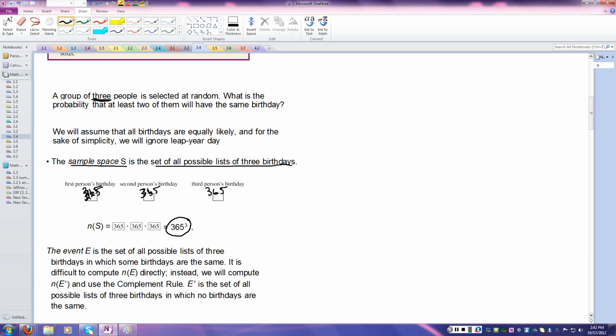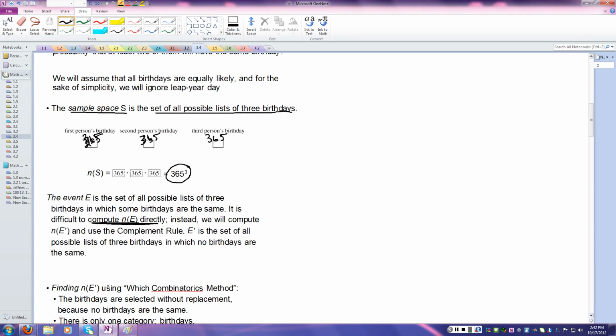We're looking for the probability that someone shares a birthday with someone else, which would be really hard to compute for E directly. So we're going to use probabilities and compute E prime, meaning no one shares the same birthday.